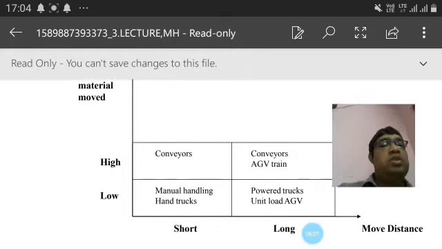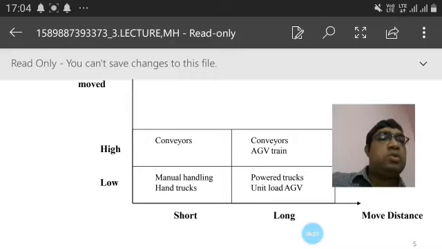For the belt conveyor, consider the power plant industry.